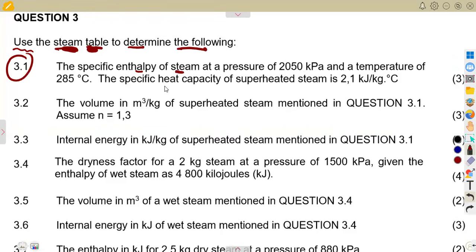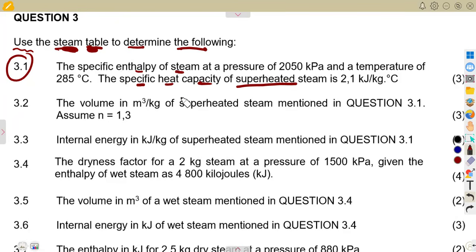We need to know: is it wet steam? Is it dry steam? The moment that we are given the specific heat capacity of the superheated steam, then we know, okay, this steam is the superheated steam that we are talking about. So the specific enthalpy they are referring to there is of the superheated steam.